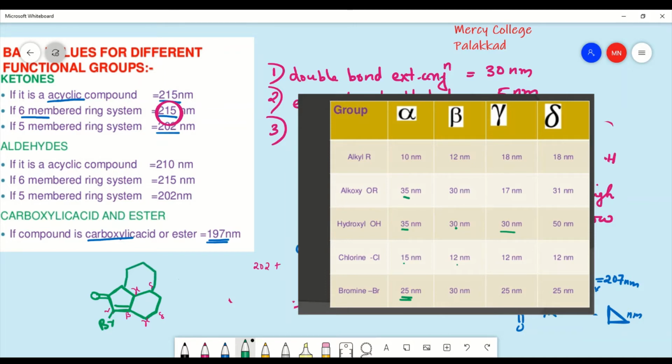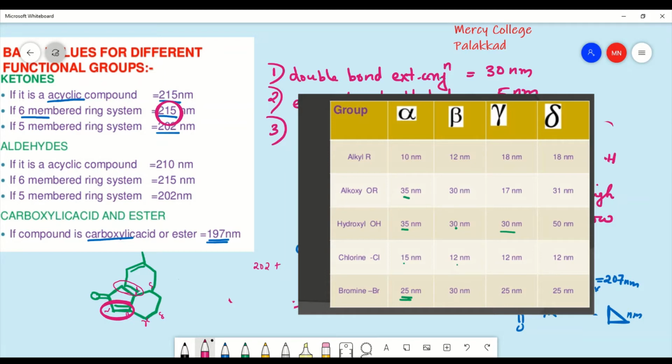Here also there is a double bond, extending conjugation, here a double bond. Now if you are seeing over here, there is no substituent. So there are two possibilities of calculating lambda maximum, either through this side, because here there is alpha beta unsaturation, or through this side. So which case will we consider?